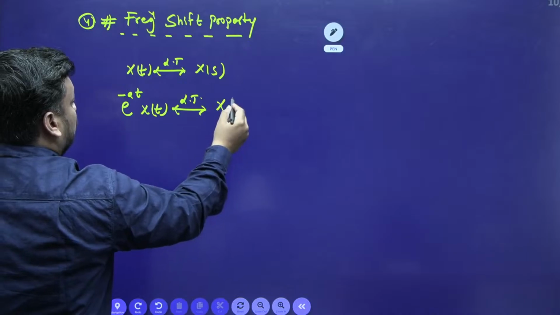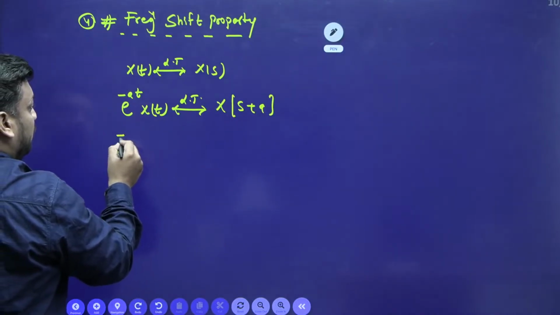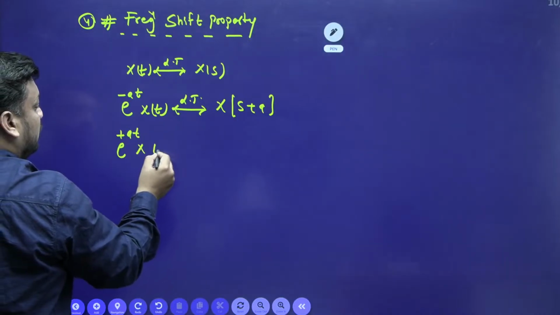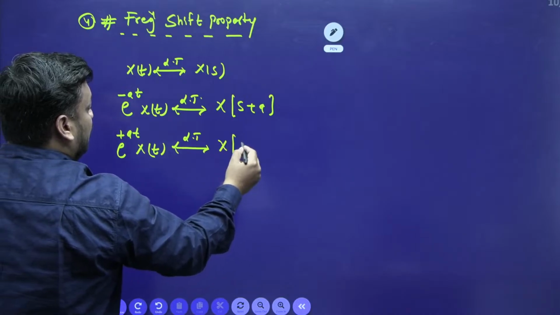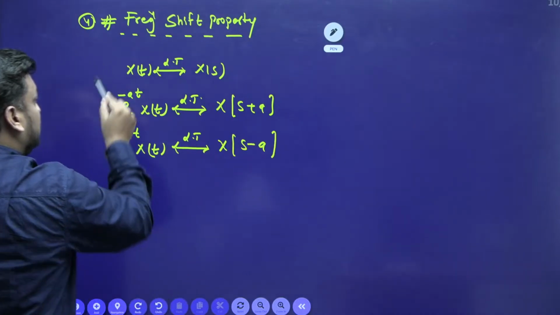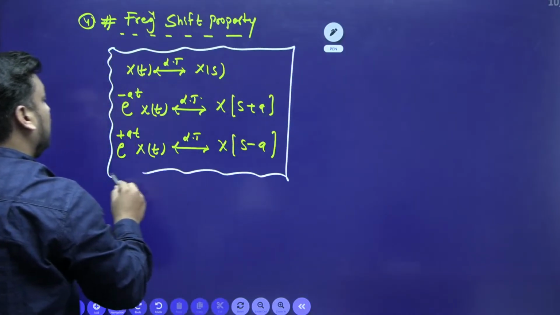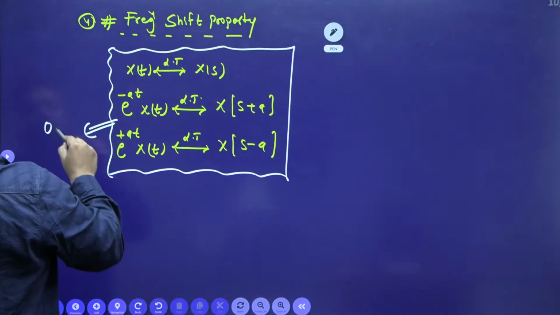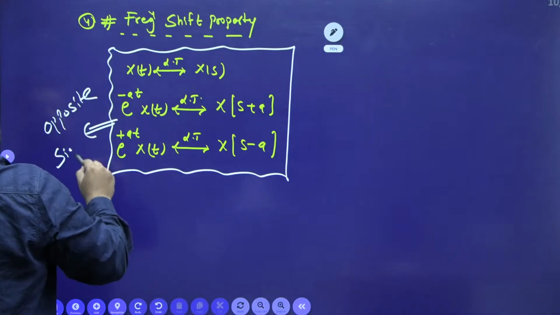The Laplace transform will be x of s plus a. If I talk about e to the power plus at x of t, its Laplace transform is nothing but x of s minus a. It means frequency shifting always carries opposite sign.